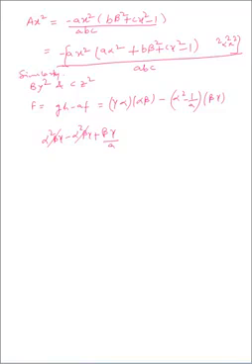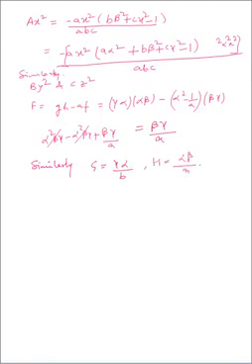So this is equal to beta gamma upon a. And इसी तरह similarly g is equal to gamma alpha upon b and h is equal to alpha beta upon c.